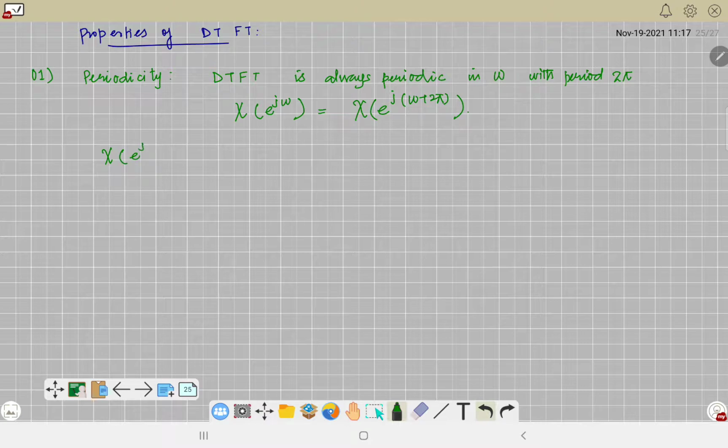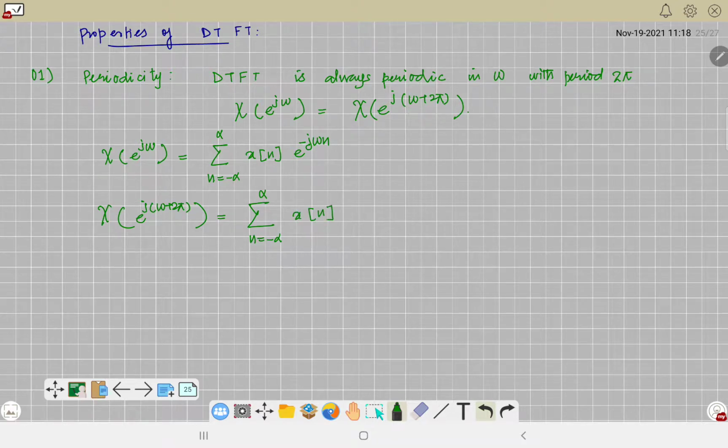In mathematical form, X(e^{j omega}) is equivalent to the summation, n runs from minus infinity to plus infinity, of x[n] e raised to the power minus j omega n, and X(e^{j(omega + 2 pi)}) will be equivalent to the summation n from minus infinity to plus infinity of x[n] e raised to the power minus j(omega + 2 pi)n.